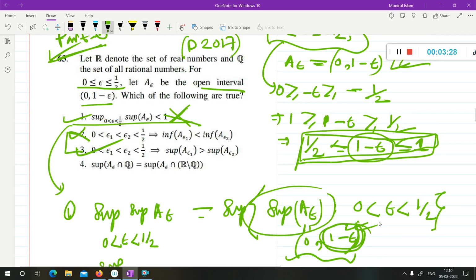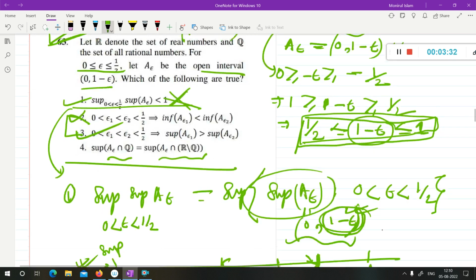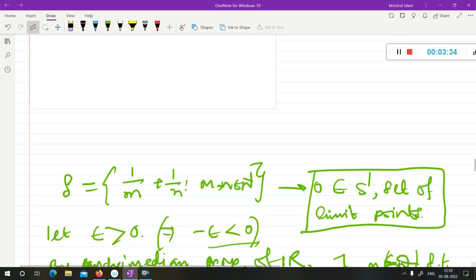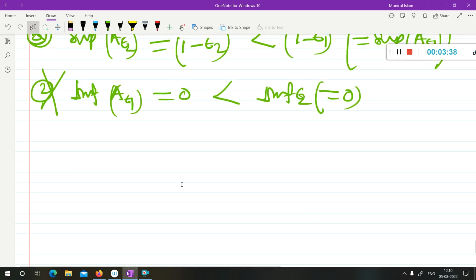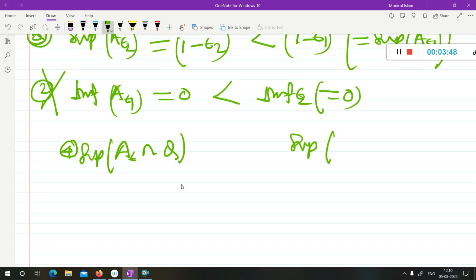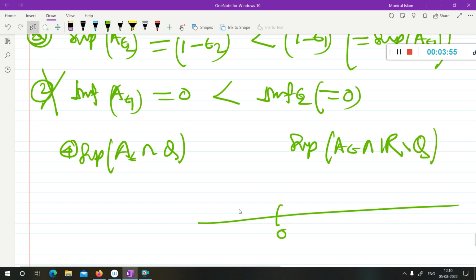Now the fourth option: the supremum of A_epsilon intersection Q and the supremum of A_epsilon intersection (R minus Q). A_epsilon is the interval (0, 1 - epsilon).